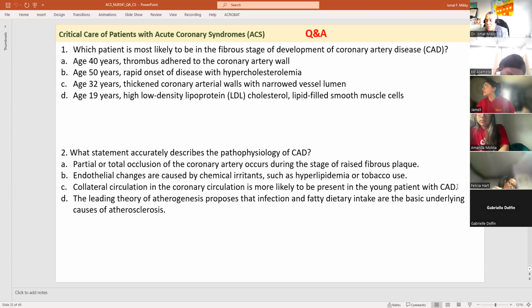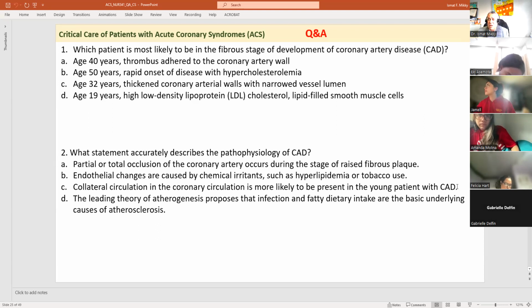So the answer is C, right? The thickened coronary arterial walls with narrowed vessel lumen. It's all about the lumen that becomes almost occluded.